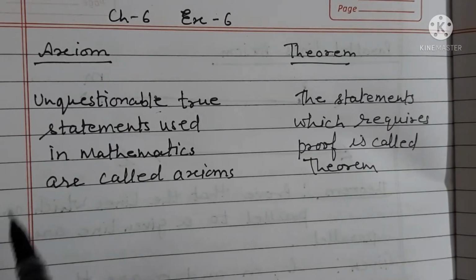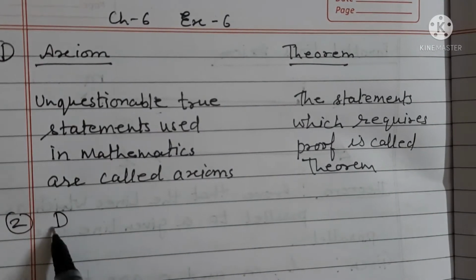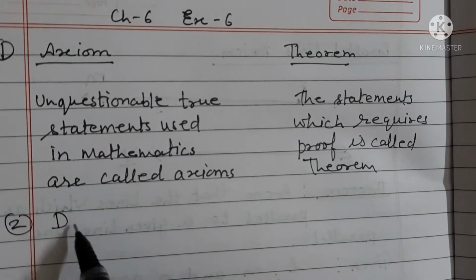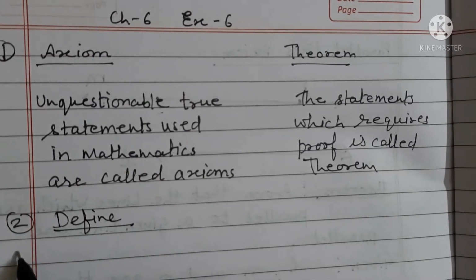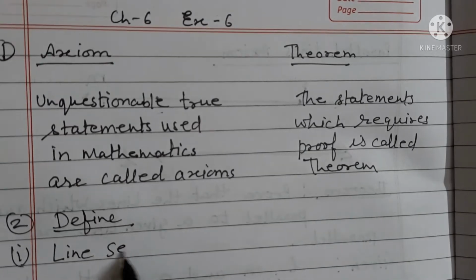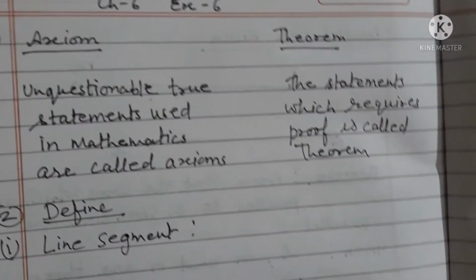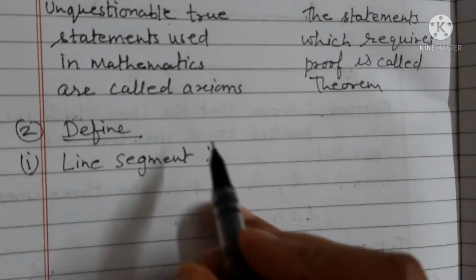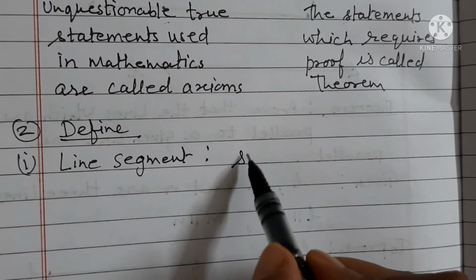And question number second. This is first. Define the terms. Number 1, line segment. What is line segment? Distance, or you can say straight path between 2 points.